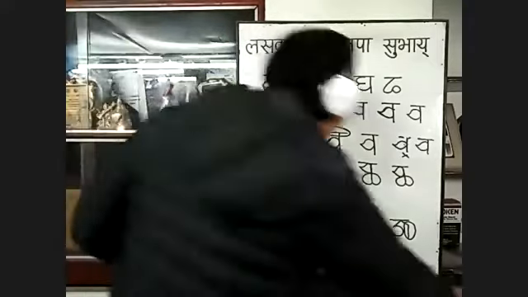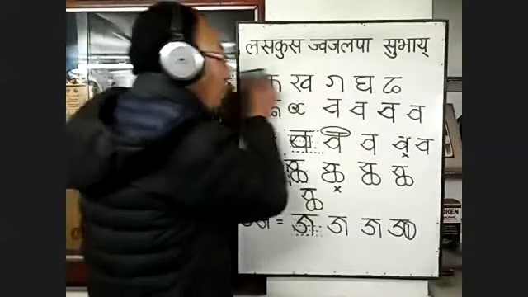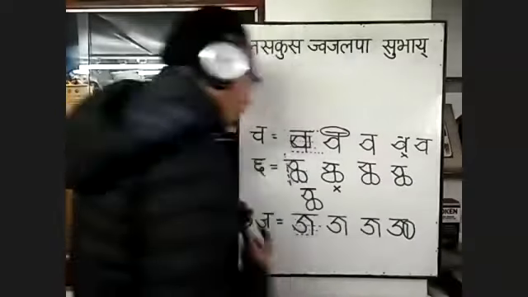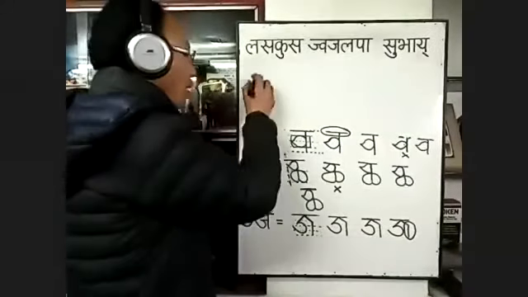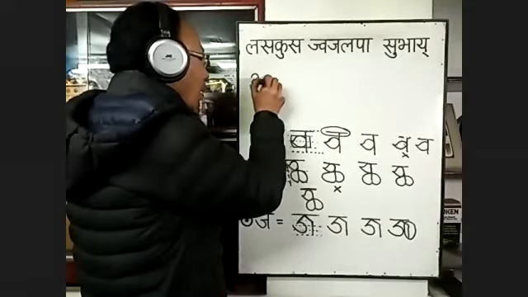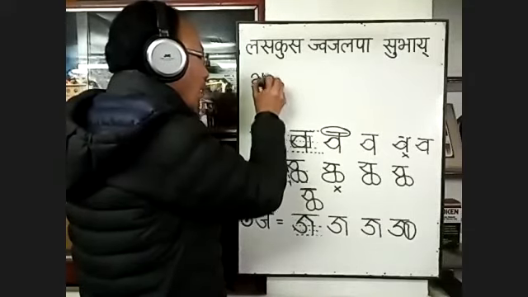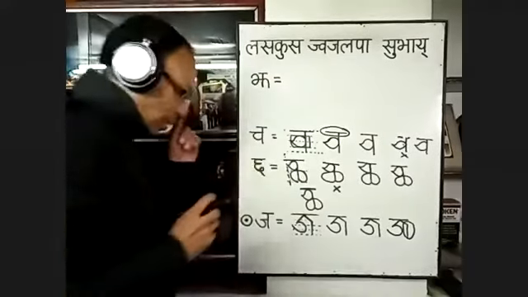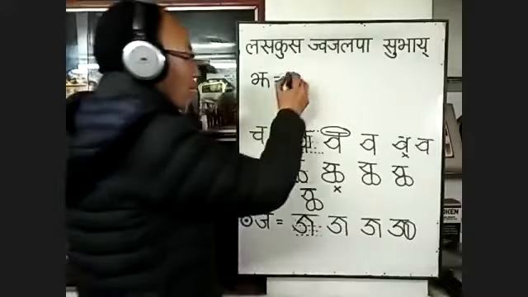Okay, then I'm deleting this. So after cha, ja, then comes the next letter. So how is it written?